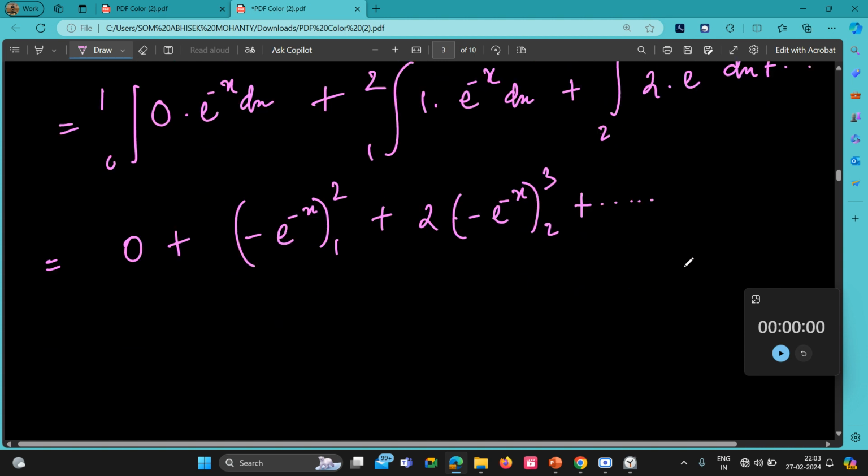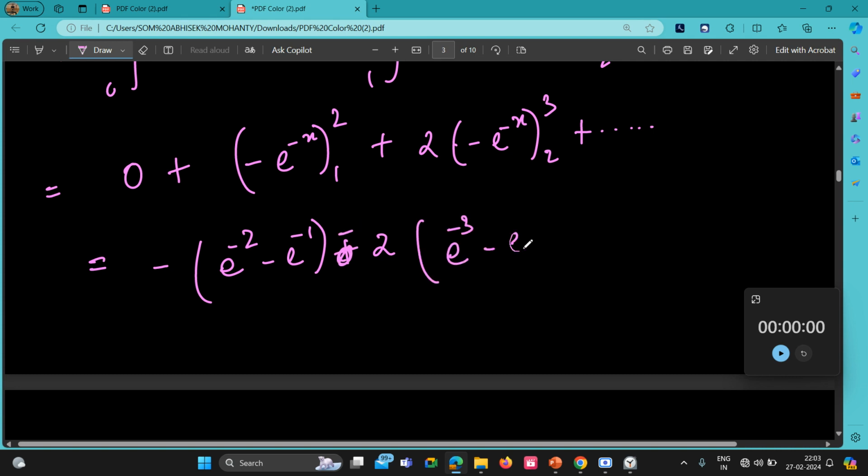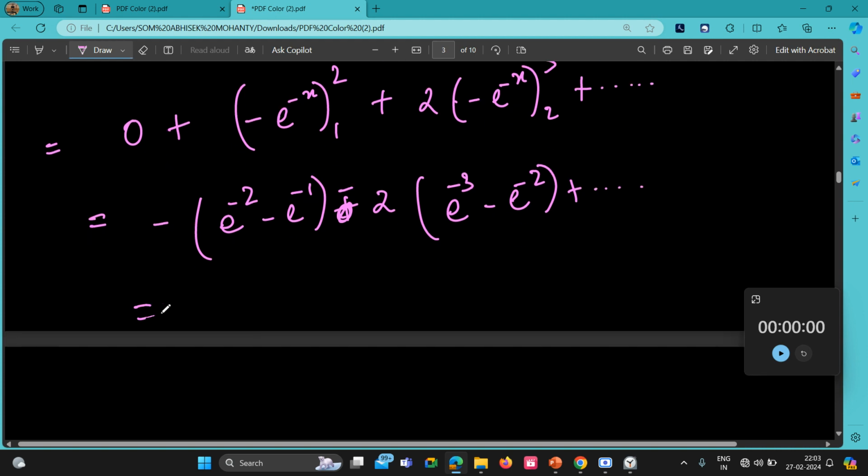Which gives minus e to the minus 2 plus e to the minus 1, minus 2 e to the minus 3 plus 2 e to the minus 2. It will go on and on.